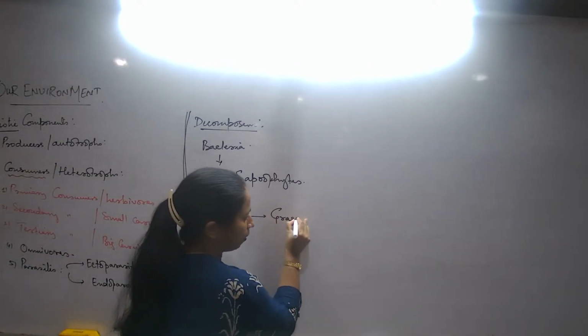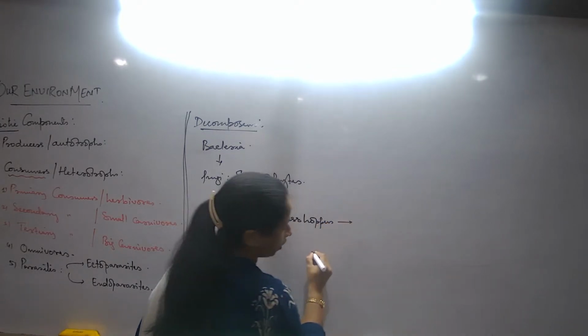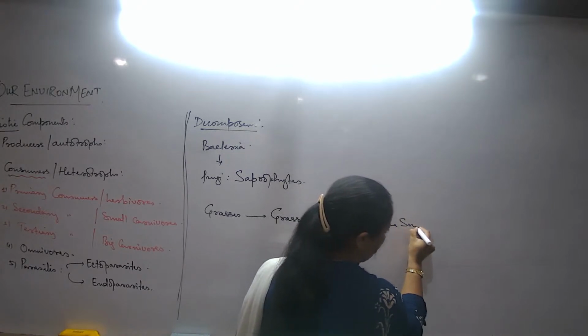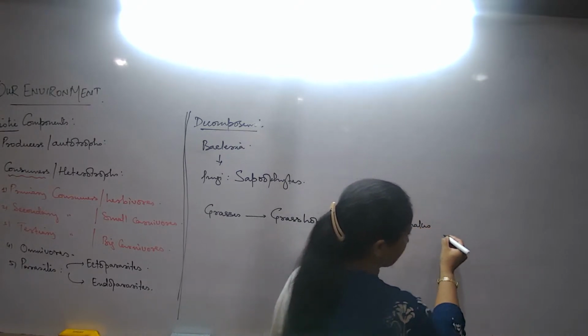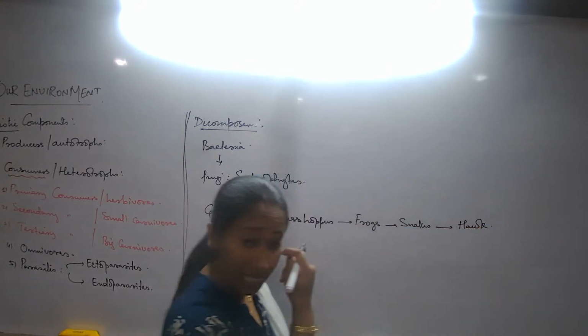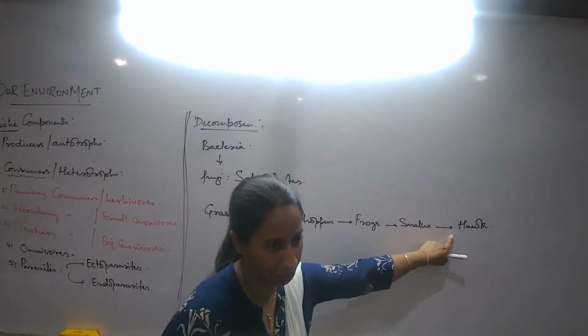These are being fed upon by the grasshoppers. The grasshoppers will be fed upon by the frogs. The frogs will be fed upon by the snakes, and the snakes will be fed upon by the hawk or the eagle. Now, what are the categories? 1, 2, 3, 4, 5.